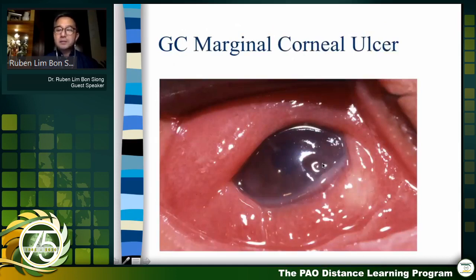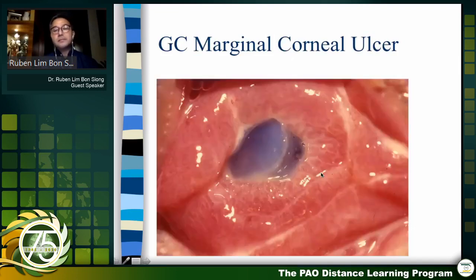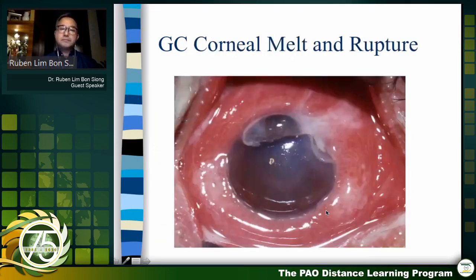This is another picture of the same eye, showing the marginal corneal ulcer. And now here is the worsening: there's corneal haze and edema, and expansion of the marginal ulceration, again in an eye with severe chemosis and purulent discharge.